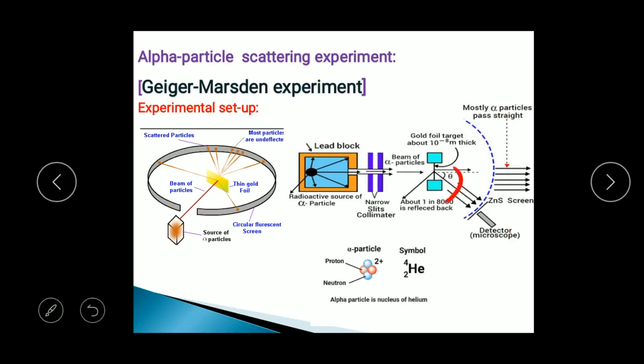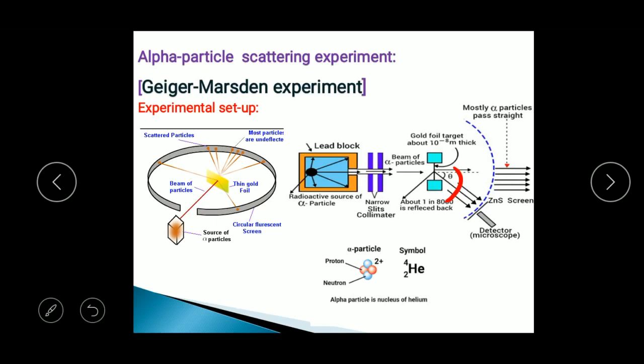One more point you have to remember here is the scattering angle. What is a scattering angle? The scattering angle means the angle theta of the deviation of the alpha particle from the original direction.